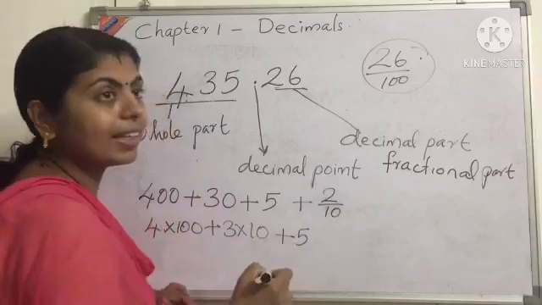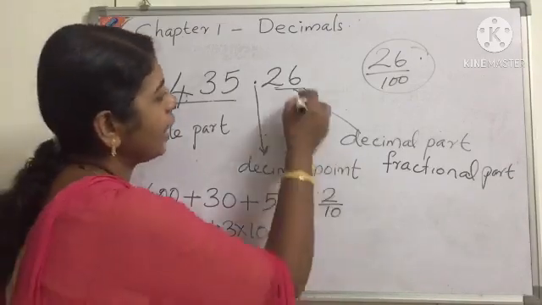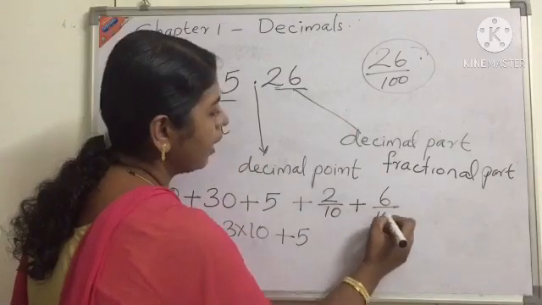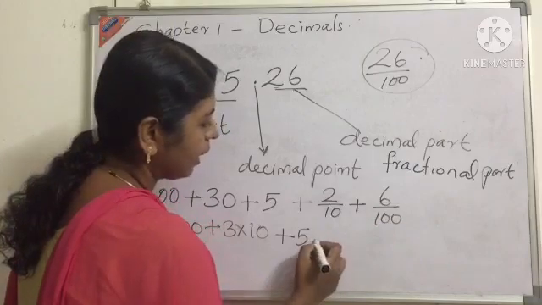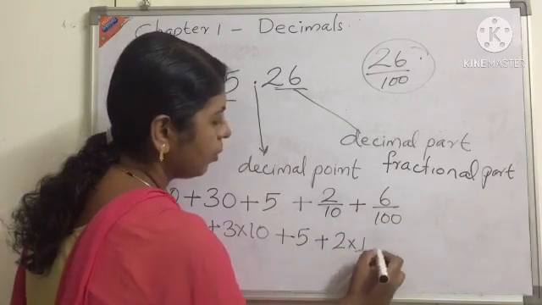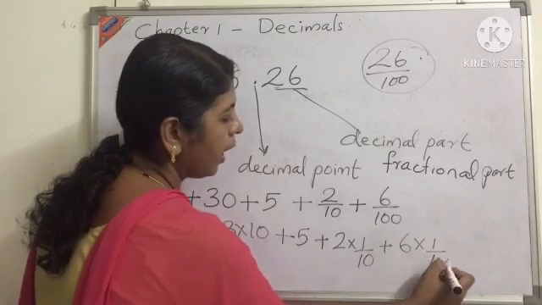It is called tenth. Then it is hundredth. How can we write 6 by 100? Or we can write it as 2 into 1 by 10 plus 6 into 1 by 100.